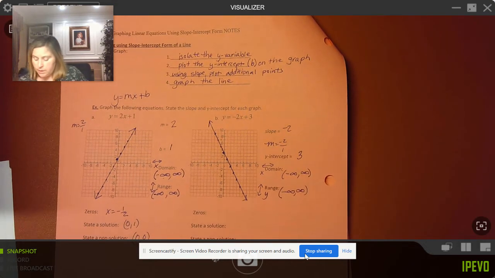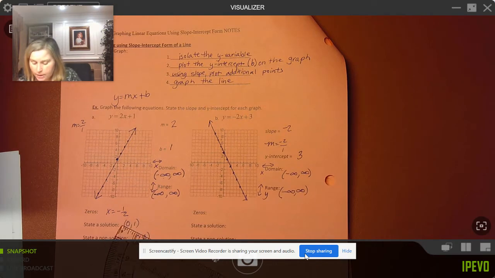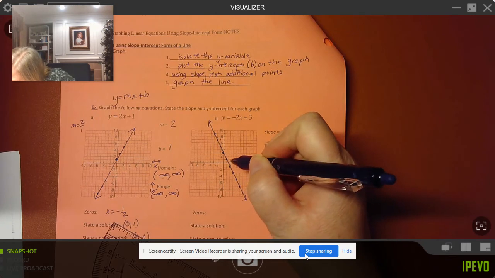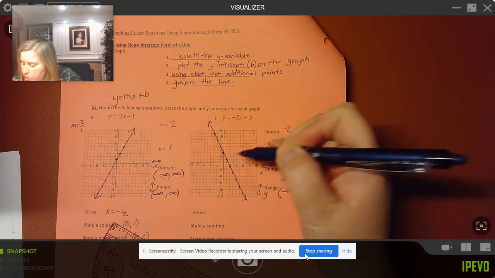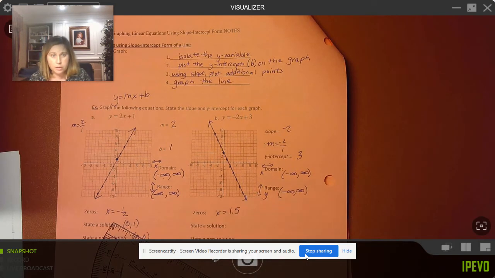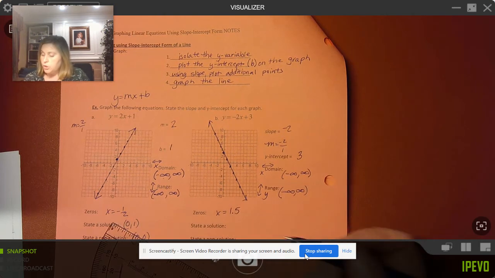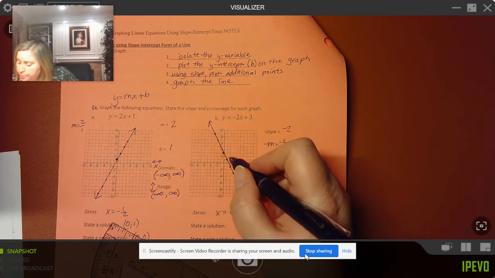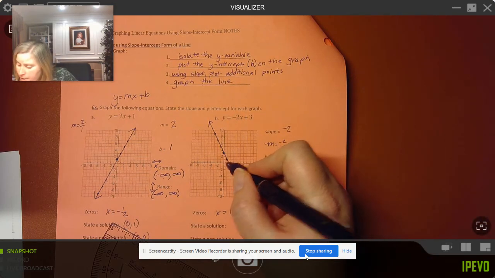Okay, zeros, where does this cross the x-axis? This crosses the x-axis approximately, looks like 1.5. So x equals 1.5, and we'll talk about calculating those algebraically very soon, but for now we're just estimating. And then state a solution. I don't want to use the y-intercept again, but if I did, it would be (0, 3).